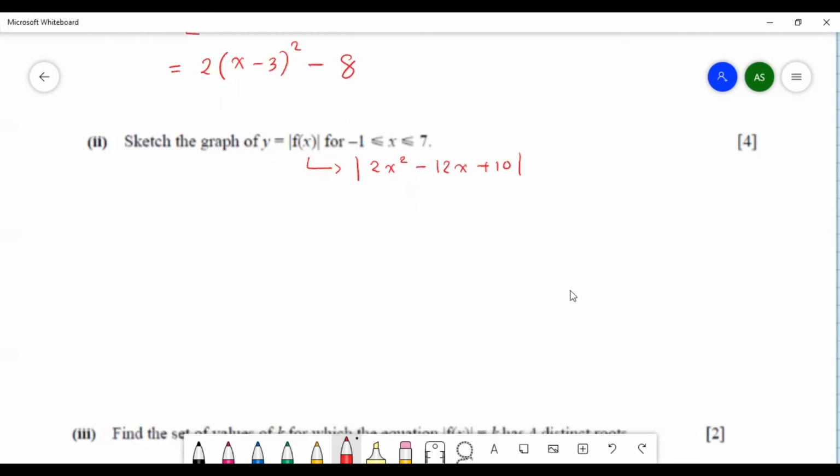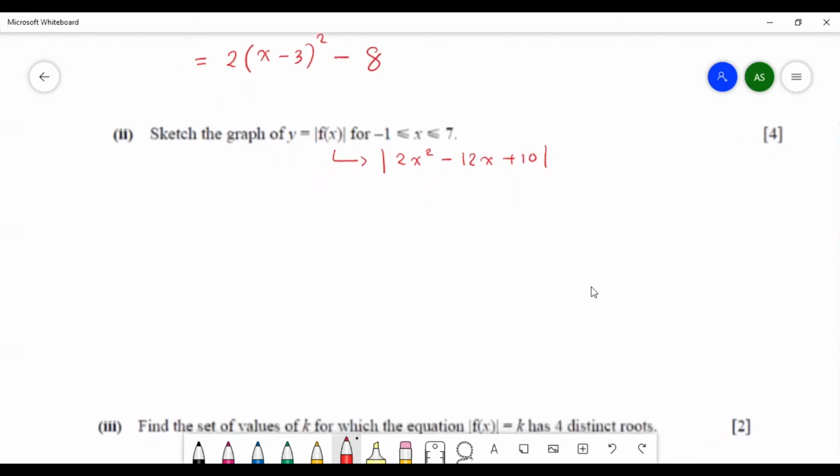But in order for us to graph that, we need to find the turning point and the intercept. So we first find the turning point. But in this case, we already changed your quadratic function into this form, right? So that means our turning point is at 3, negative 8, correct?